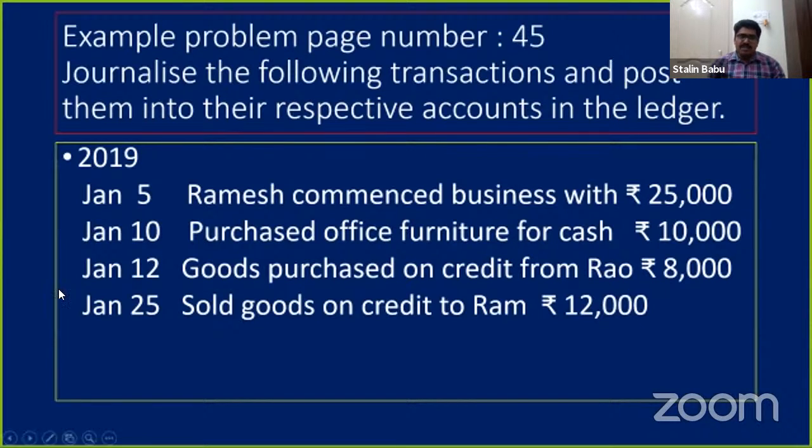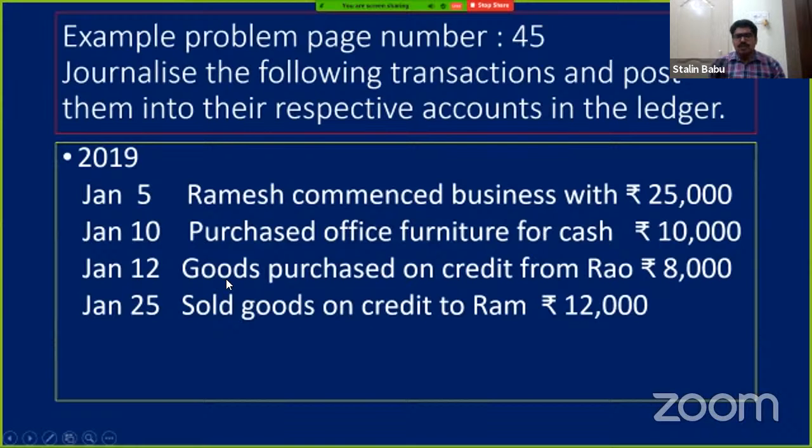So see, on January 10th, purchased office furniture for cash. So what is coming into the business? Furniture is coming into the business. So what is going out of the business? Cash. So both come under real account. So the entry is furniture account debit to cash account.